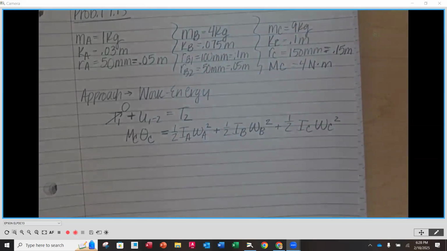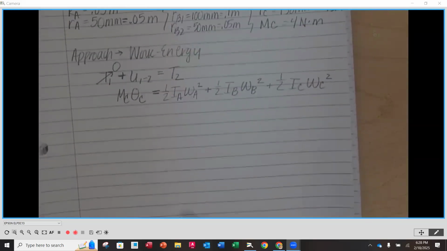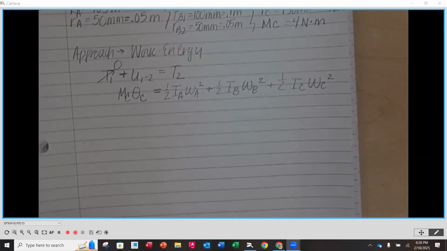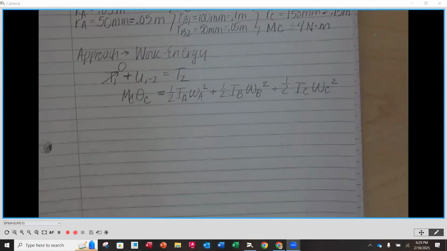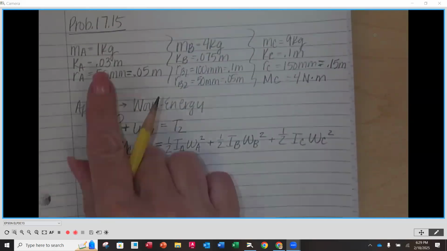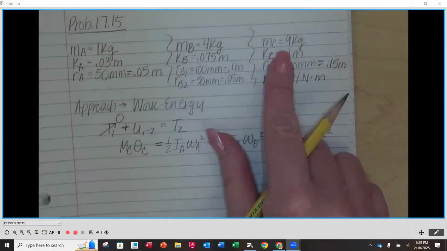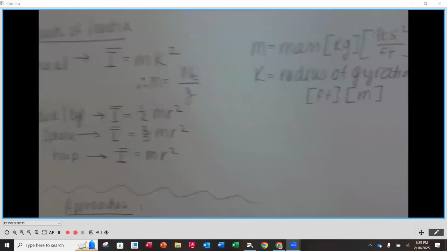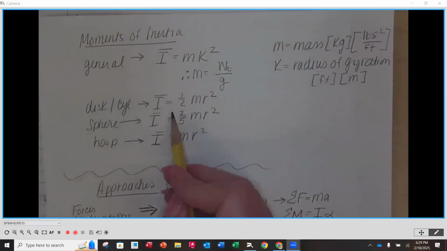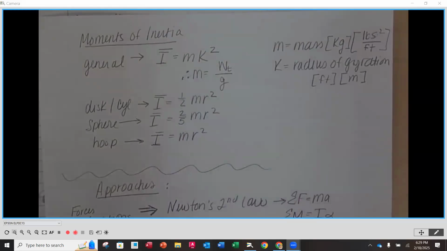Okay. Now, as we look here, I always like to tick off the things that are relatively easy to get. As I look at this problem, the easy gets are going to be the moments of inertia of each one of those gears. Okay, now they gave us radiuses of gyration. So when they give radius of gyration, that means that it's not a solid disc, and it's not, because it's a gear. You have the cutouts of the teeth, so you can't use the cylinder disc really accurately.